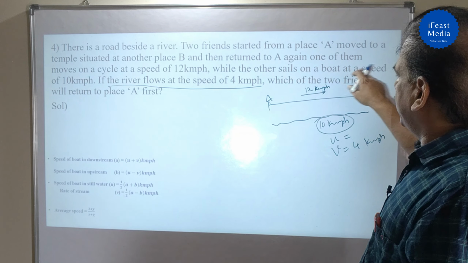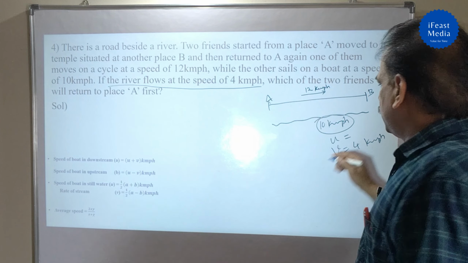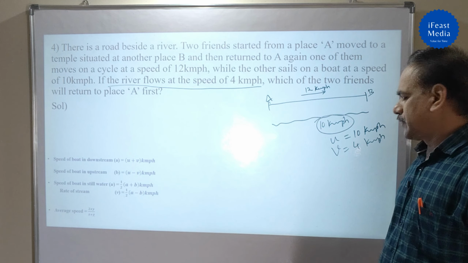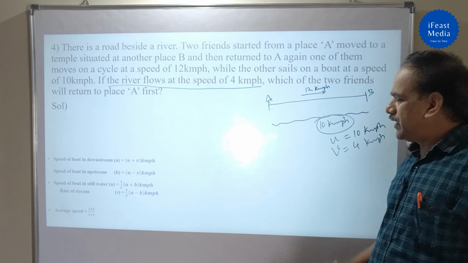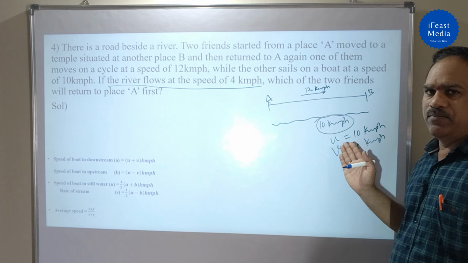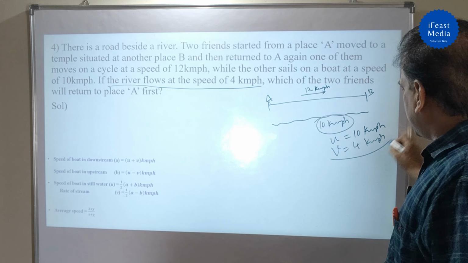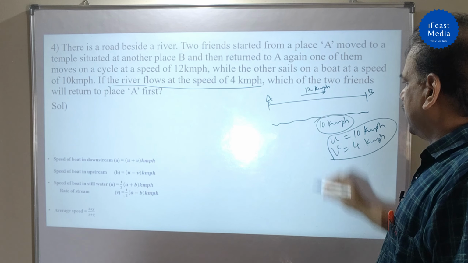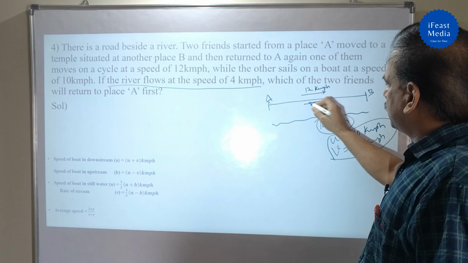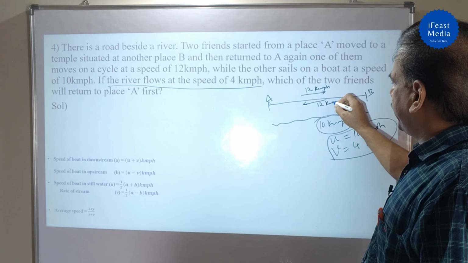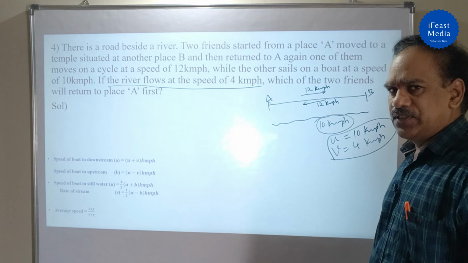He sails on a boat at 10 kmph, which means U must be 10 kmph, the speed of the boat in still water. So U and V are given here. And what about the cyclist? The cyclist moves back in the reverse direction also at the same speed, 12 kmph.